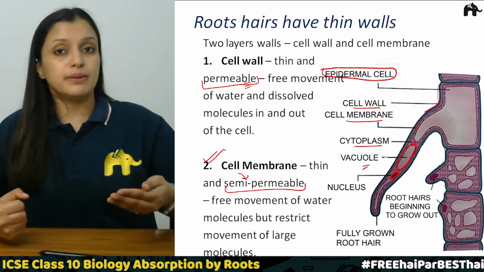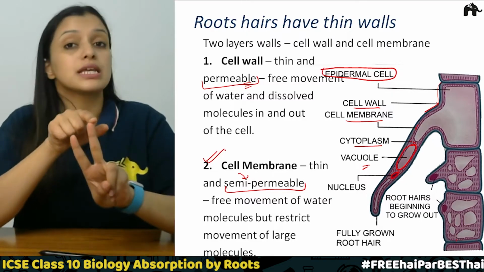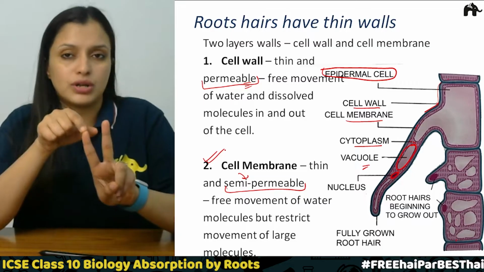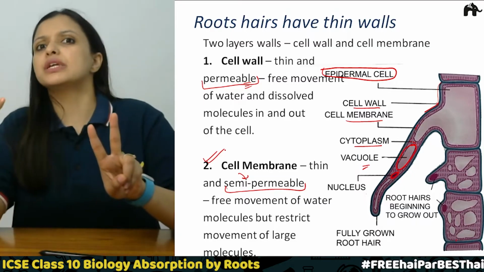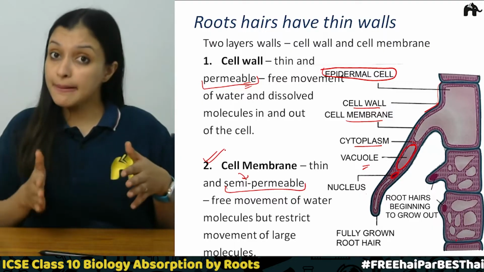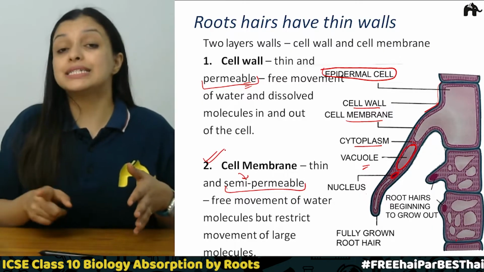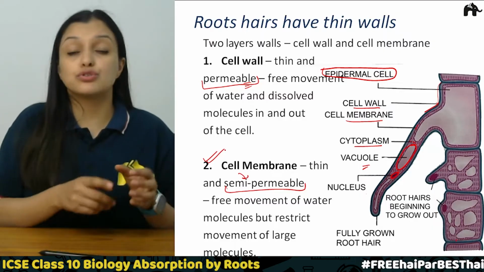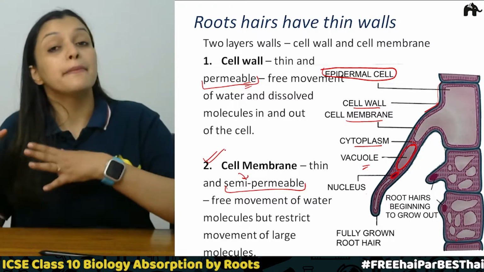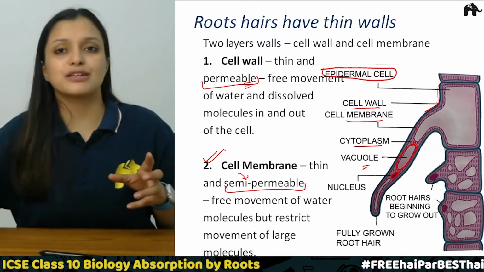So in every plant cell there are two layers, right? One is the cell wall, one is the cell membrane. Now this cell wall is very thin and it is freely permeable. It allows all kinds of material to pass through it. But then comes the cell membrane, which is thin but semi-permeable. So it allows the water molecules to move, but it does not allow the large molecules to pass through it.